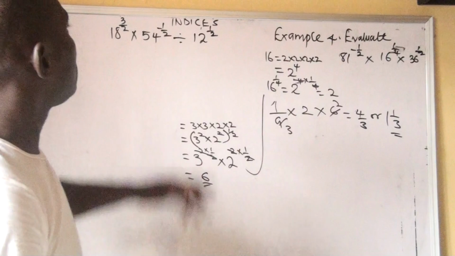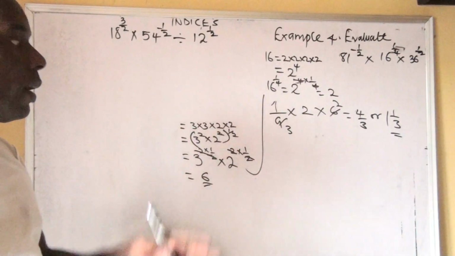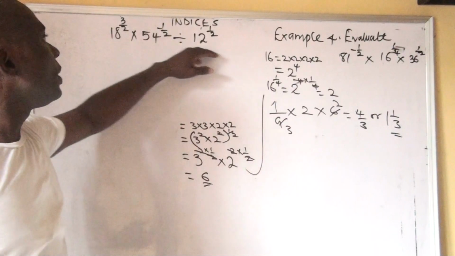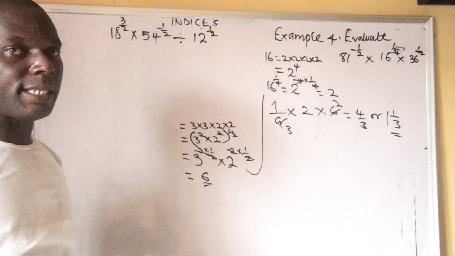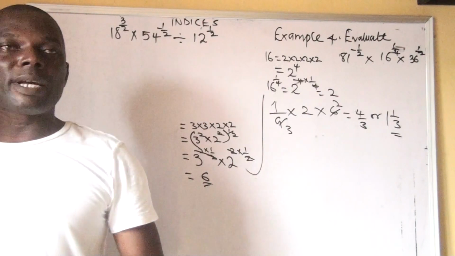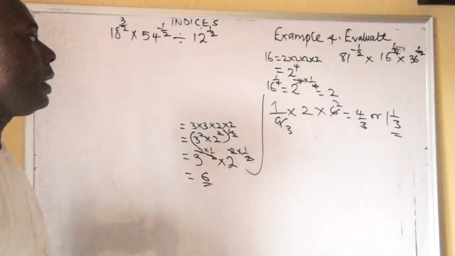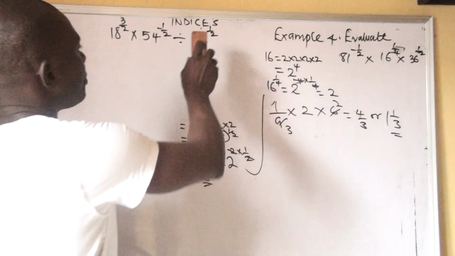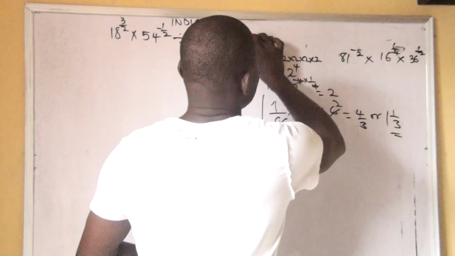Okay, so we should do this. Looking at this question, you will see that there is no clear common base, but by expressing our numbers as a product of their primes in index form, we will be able to aggregate some terms.